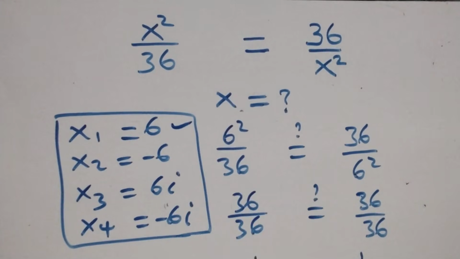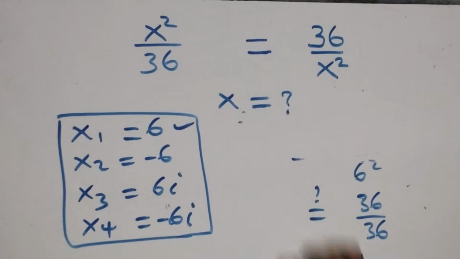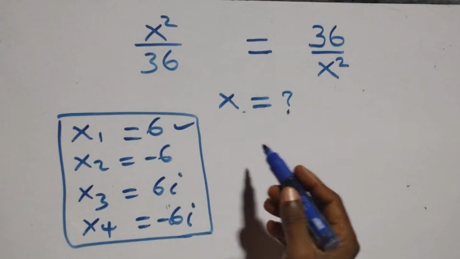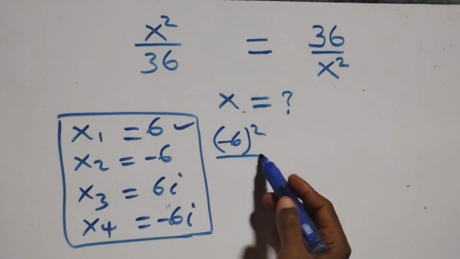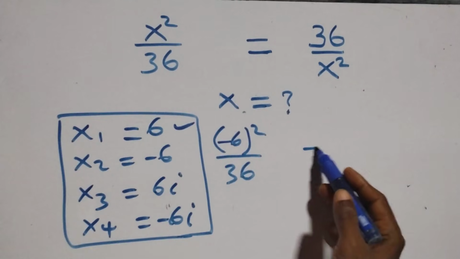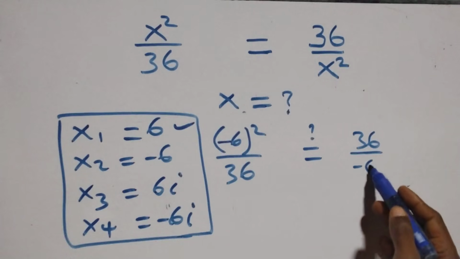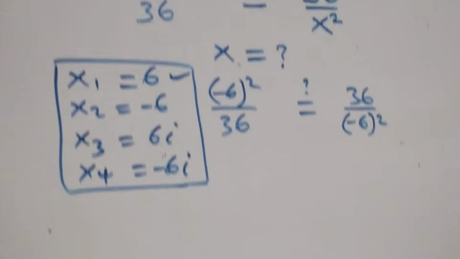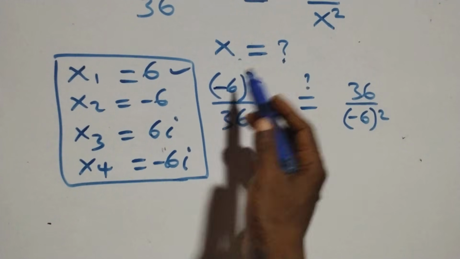Then also substitute x equals minus 6. What we have becomes minus 6 whole squared over 36. Is it equal to 36 over minus 6 whole squared? Here minus 6 whole squared gives us plus 36, minus squared gives us plus.